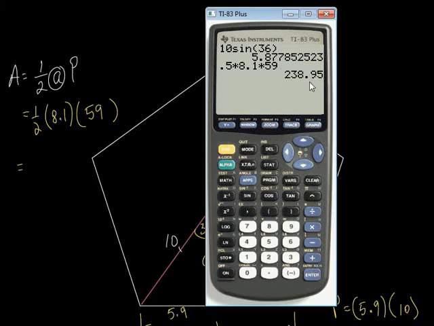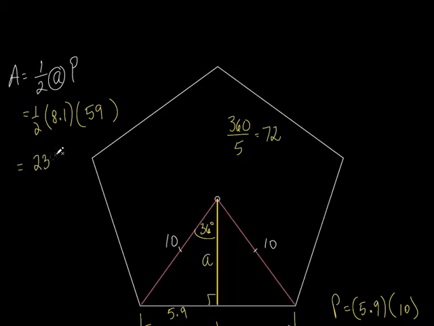Yep, 238.9, or the 9 rounds that 8 to a 9, that goes to a 0, so let's just say 239. That right there is the area of that pentagon. It's 239. Hey. Does it make sense?